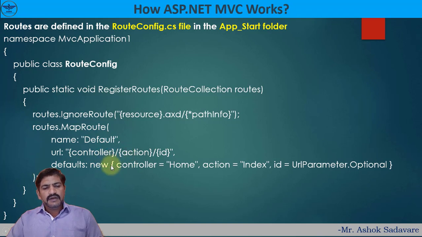So it creates a new object. Okay. So the first parameter is controller, which has default value home. Second is the action having default value index, and the third parameter is ID, which is optional. So its value is written as UrlParameter.Optional.